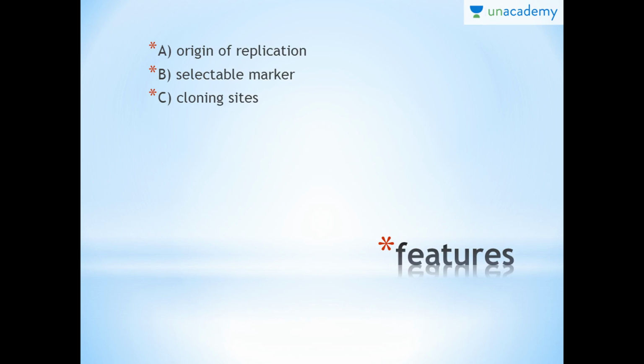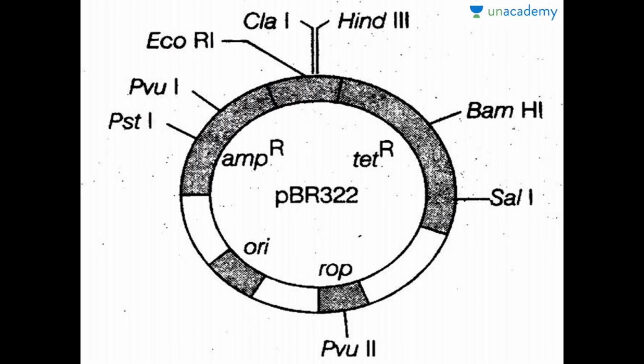These are some features of the cloning vector. A cloning vector must have an origin of replication, that is ORI, the site from where the replication process starts, a selectable marker which is used to screen the transformed and non-transformed cells, and a cloning site, so that we can get multiple copies of the required foreign DNA.